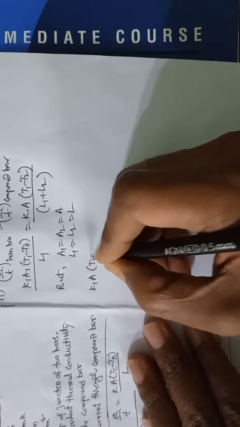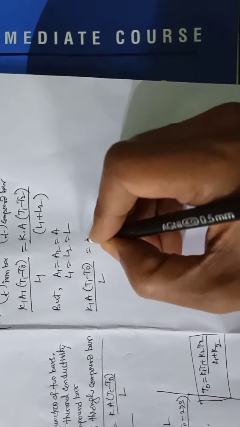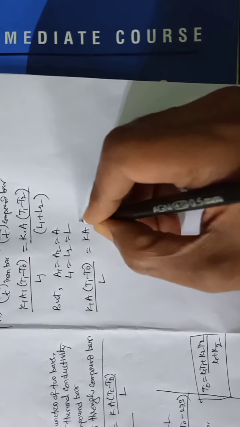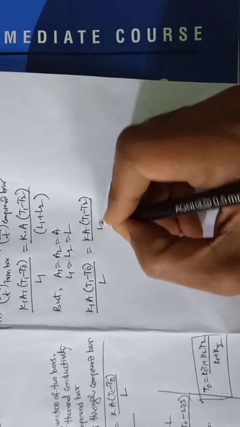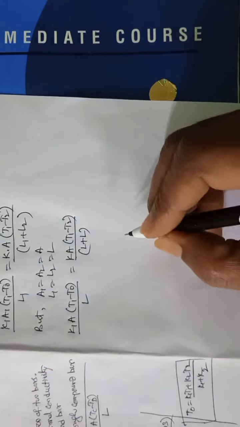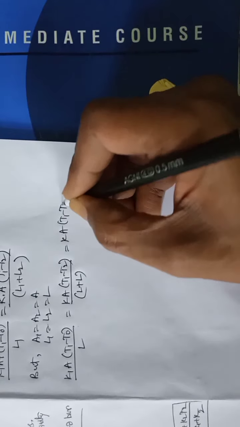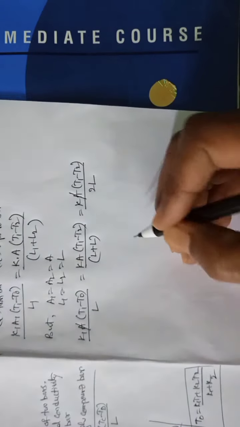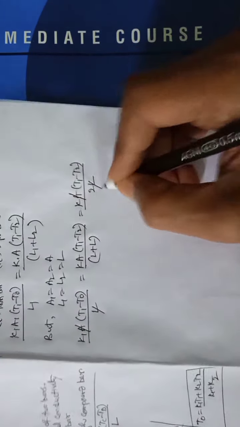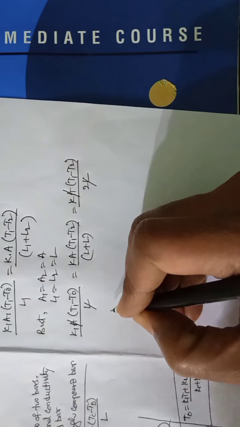Therefore, K1 A (T1 minus T0) by L, and here K A (T1 minus T2) by (L plus L), that is K A (T1 minus T2) by 2L. Now A and A get cancelled, and L and L get cancelled. What is left?